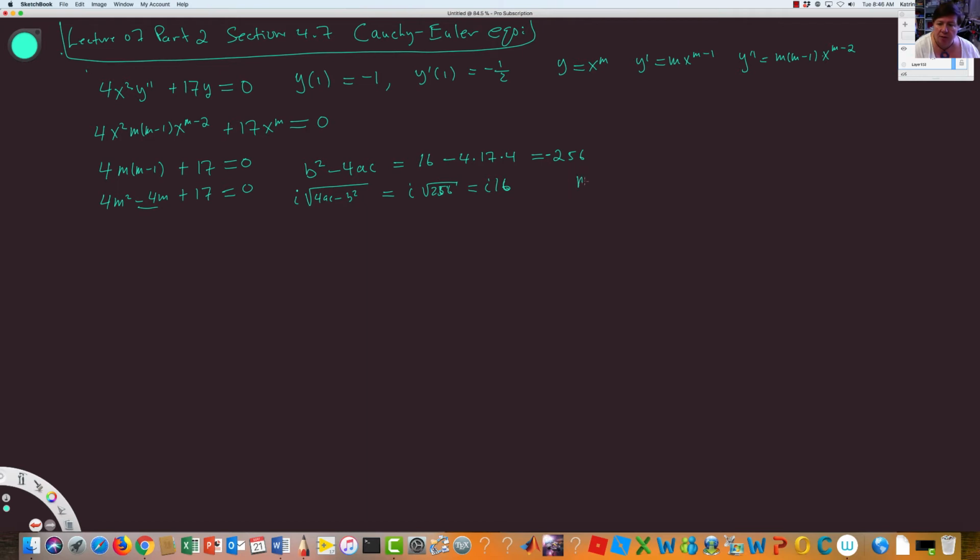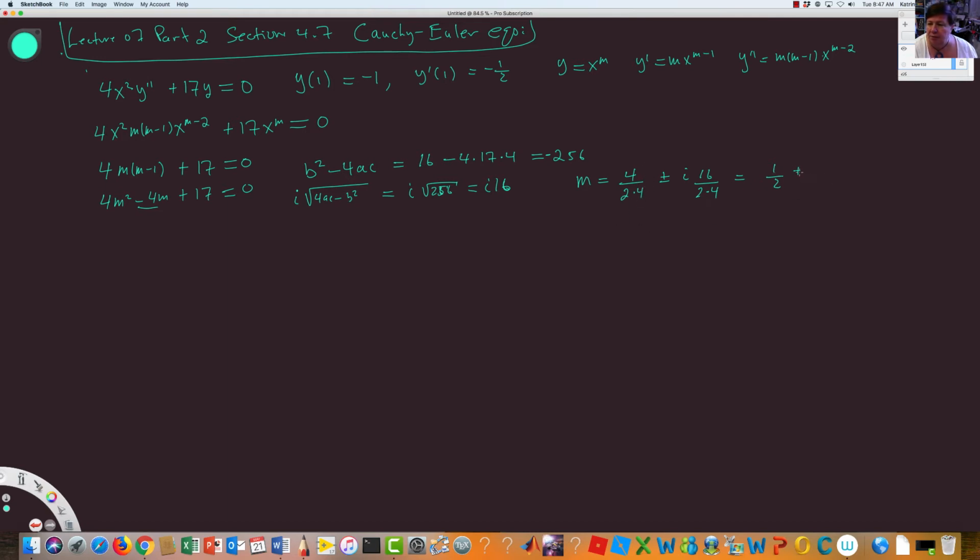So m is equal to minus b. So minus of minus 4, so we get 4 over 2 times 4, because a is 4, and then plus or minus i times 16 over 2 times 4. So we get 1/2, and it is a positive 1/2, because there's no minus signs here.